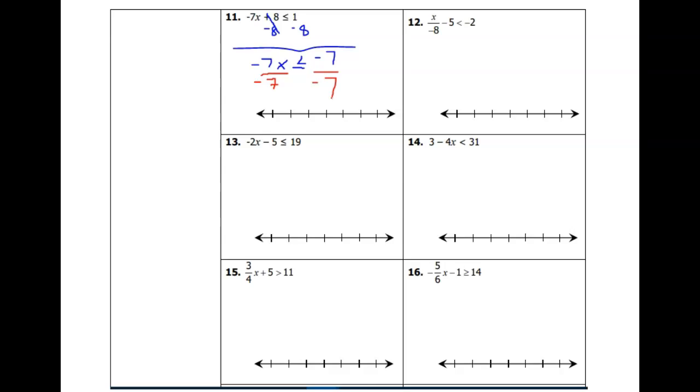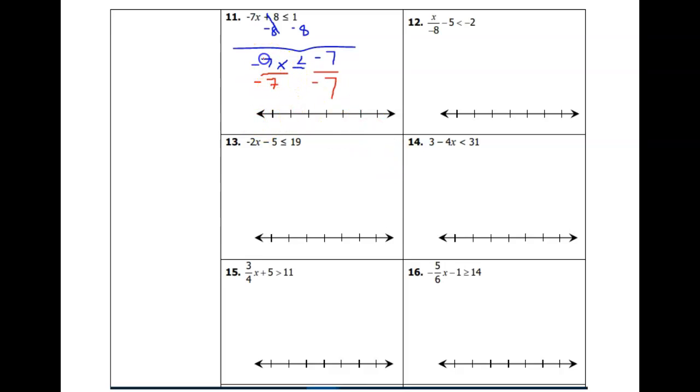Flip the inequality symbol. I need you to remember this. When you divide or multiply by a negative number, you flip the inequality.